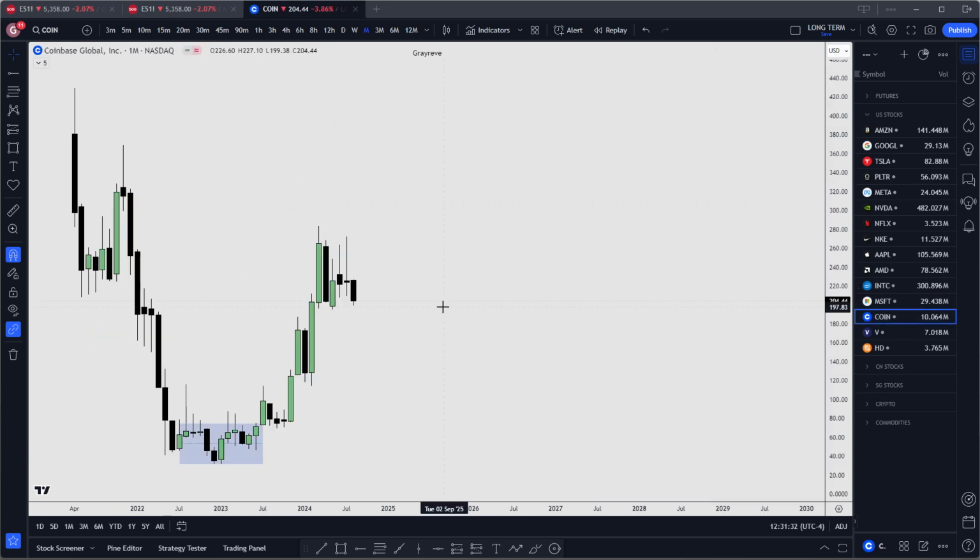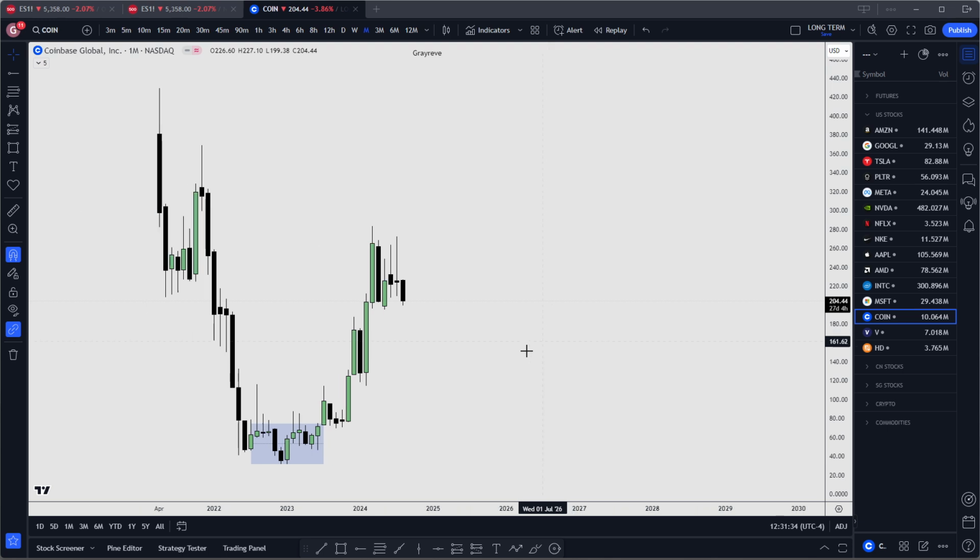Next up with Coinbase. Coinbase, similar to Bitcoin, we have traded up into this up close candle here, all the way into the 50%, and price is struggling to trade higher. That is what I can see from the current price action here.